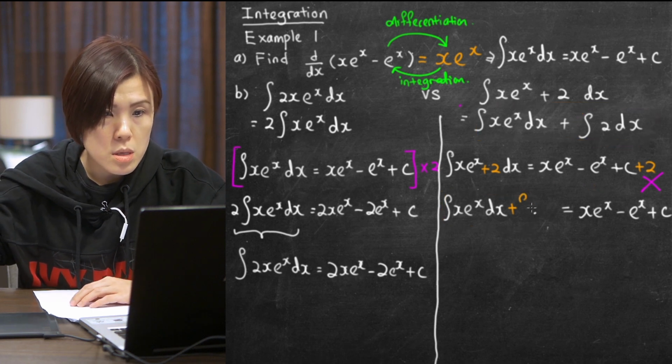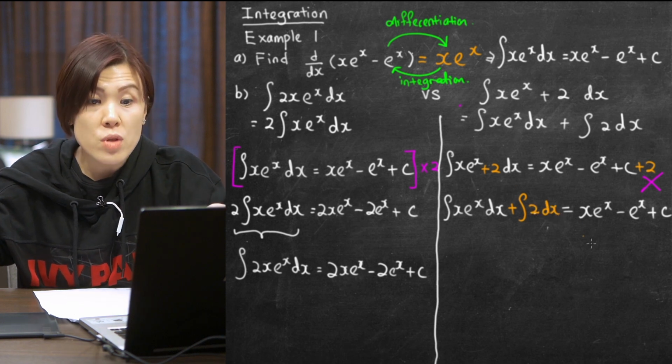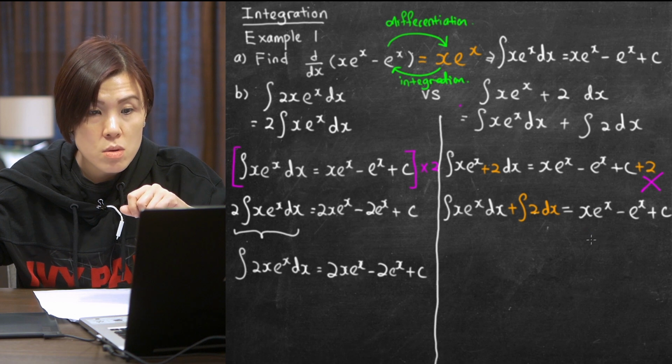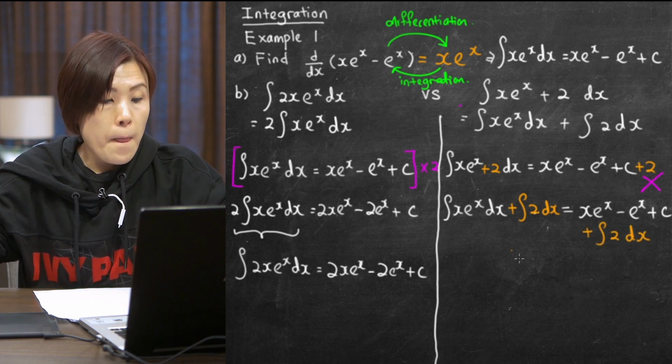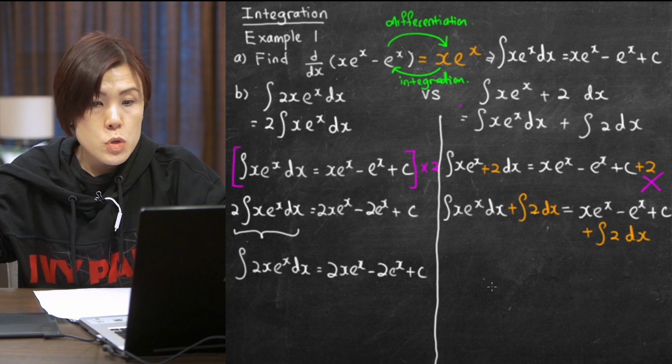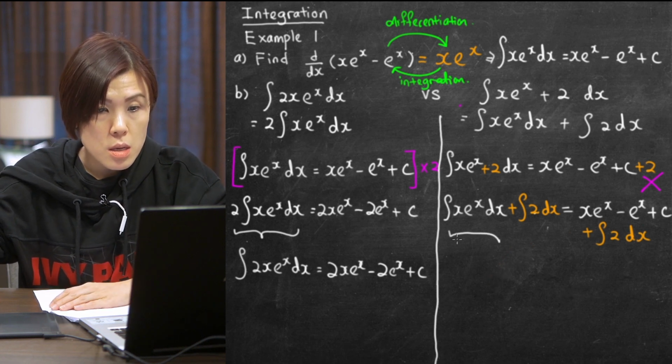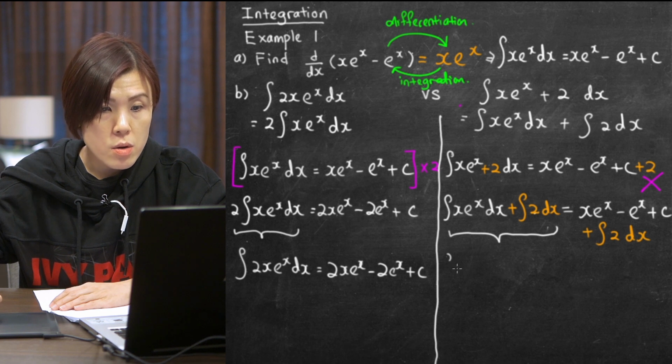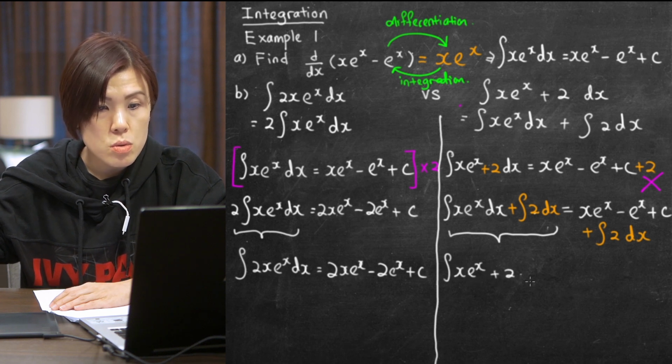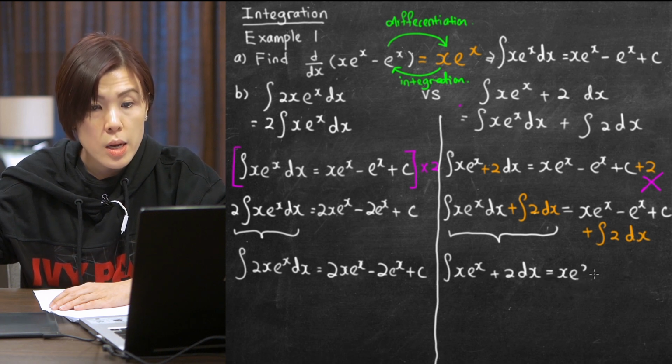So I will insert this integration of 2 dx. I insert this to the left side, then I have to insert the same thing to the right side. So in the end, this whole thing will become the integration of x e to the power of x plus 2 dx equals x e to the power of x minus e to the power of x.